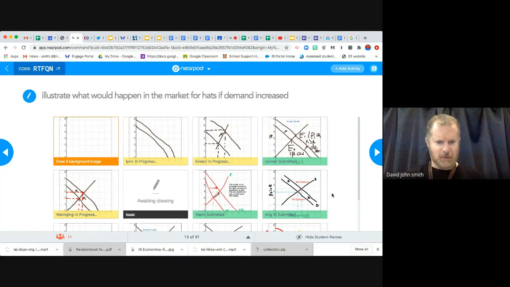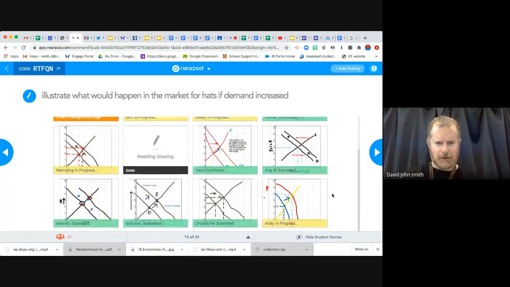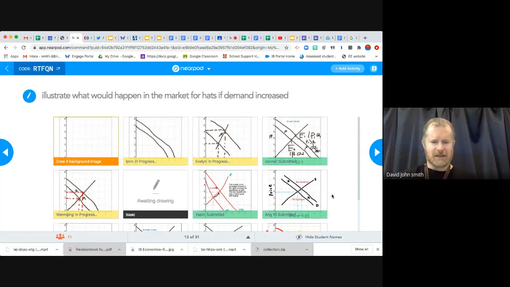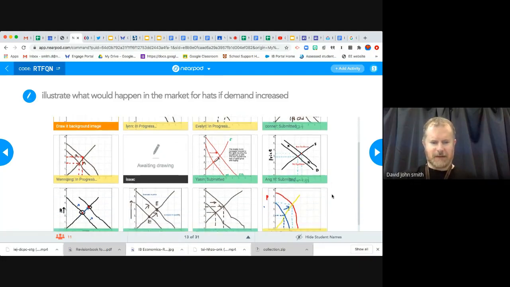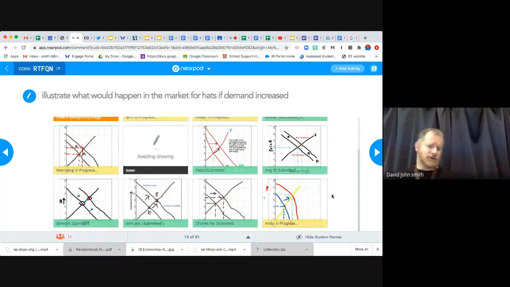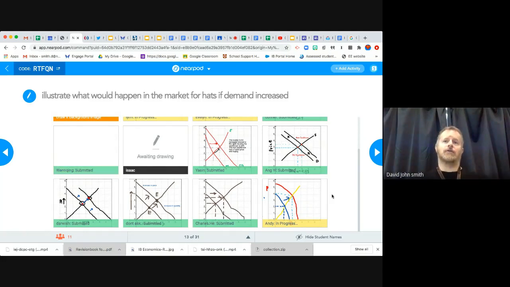Not sure if you're needing a bit more time. Still got a couple that are in progress. It isn't easy using the computer to do the drawings, I understand that. But the idea is what I'm wanting you to be able to do so that in your notes, you're going to be able to do this. Drawing it freehand is a very useful skill, because in the exam, you'll need to do it. Also, it's a very useful way for you to illustrate the concepts that you're going to cover.